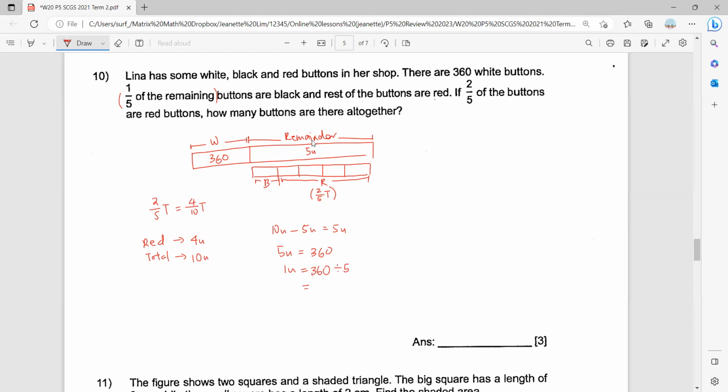So 360 divided by 5, 72. Okay, 72 is 1 unit. How many buttons are there altogether? Now remember our total is 10 units. So 10 times 72. Answer 720.